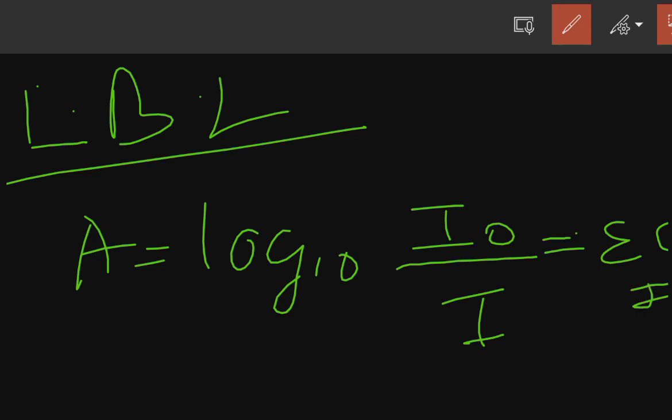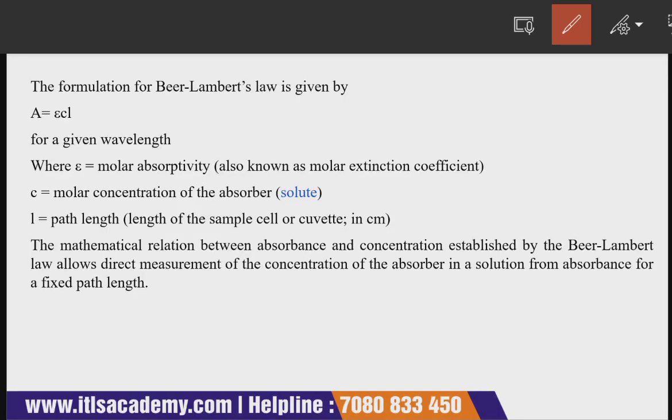So what is ECl? E is the molar absorptivity, I0 is the intensity of the incident ray, upon I the intensity of the transmitted ray. They are directly proportional to the length of the absorbing medium as well as the concentration of the solute in the medium. So that we have written here.